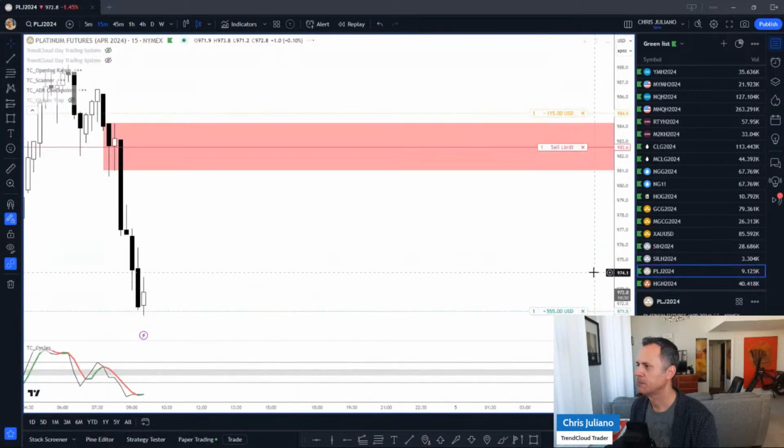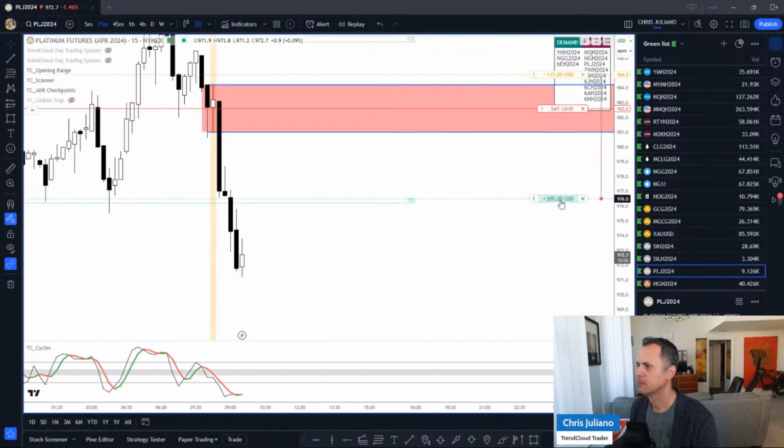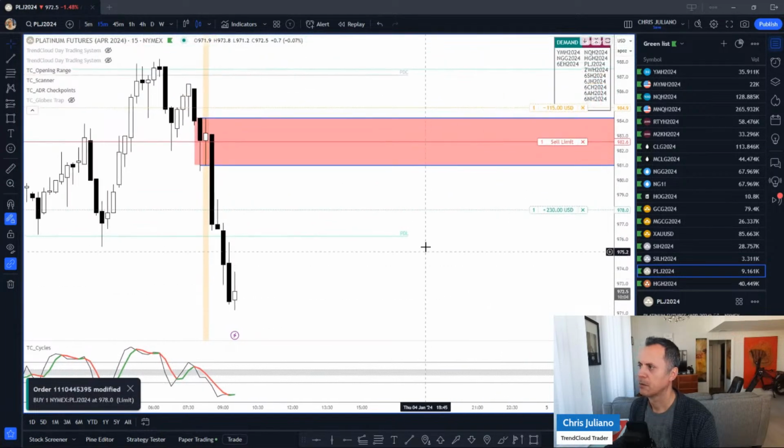On platinum, see, we've got an even better risk to reward here. Much better risk to reward. Pulls up.